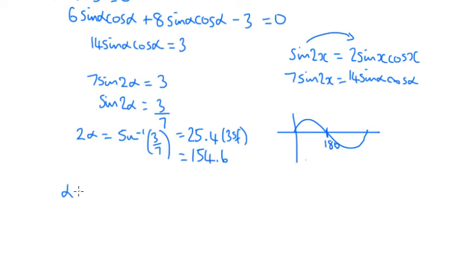Our actual two potential values for alpha are going to be these two divided by 2. Now don't forget to use the actual numbers on your calculator to divide by 2 so that you don't lose any accuracy.